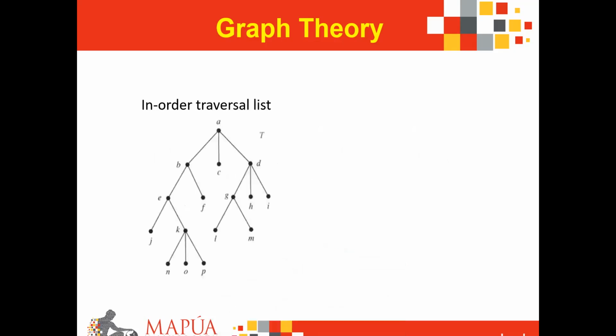Hence, if we apply that on this given tree and evaluate for its in-order traversal list, we place the children on either side of the parent. As much as possible, you place an equal number of children on either side. However, if the number of children turns out to be odd, then the children on the right must be greater than the ones on the left.